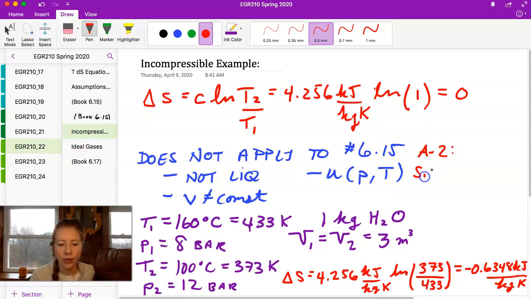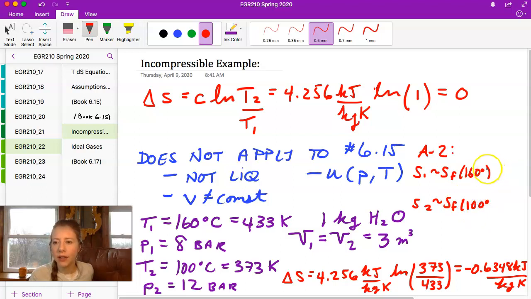So S1 is going to be approximately the entropy for X equals 0 for a saturated liquid in our liquid vapor tables for 160 degrees C. And S2 can be approximated by using those tables for the liquid vapor under the vapor dome for water at 100 degrees C. So just as a function of temperature here.